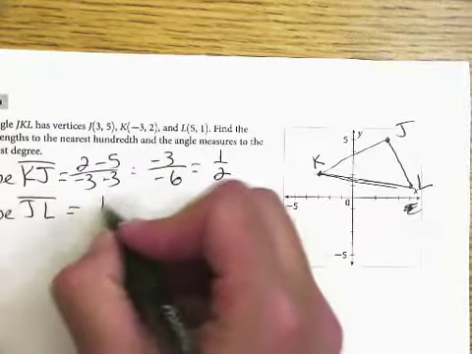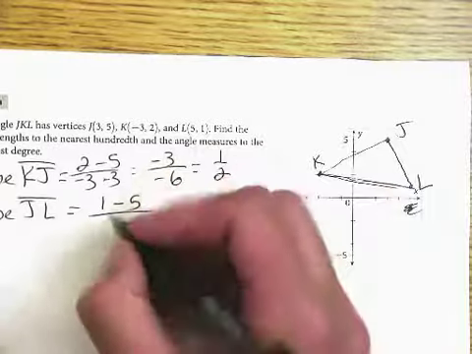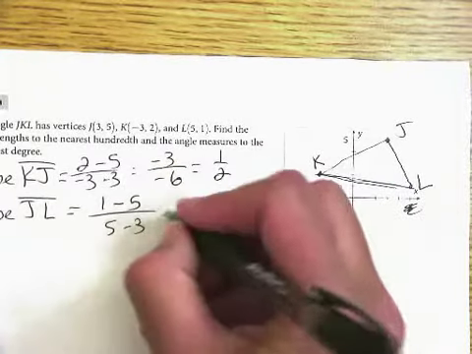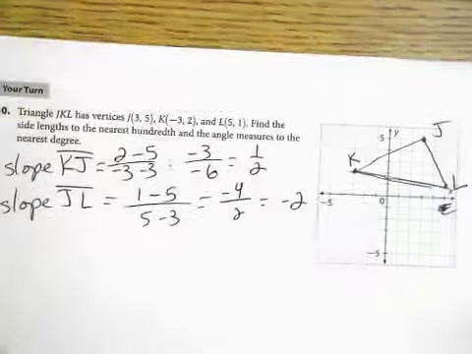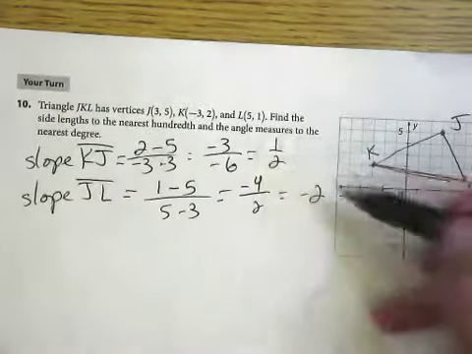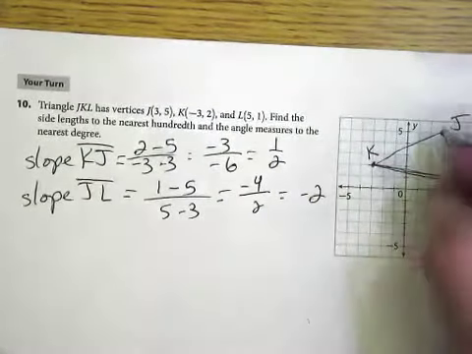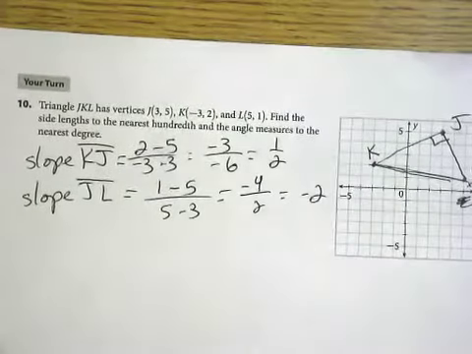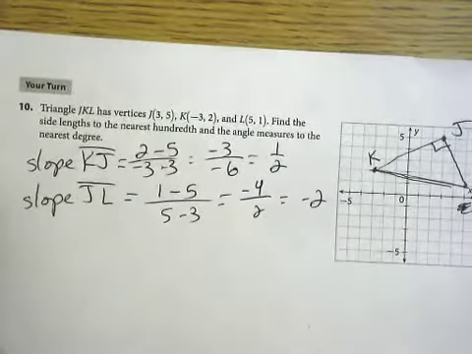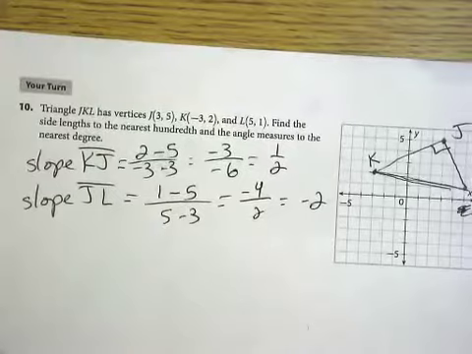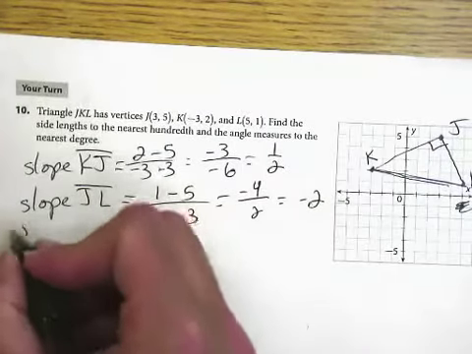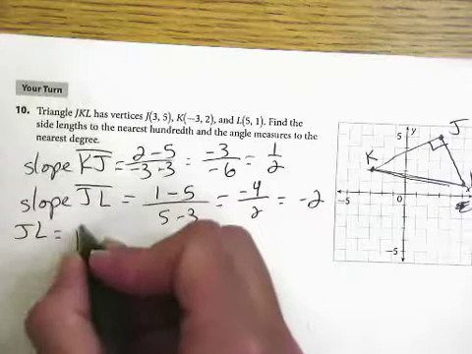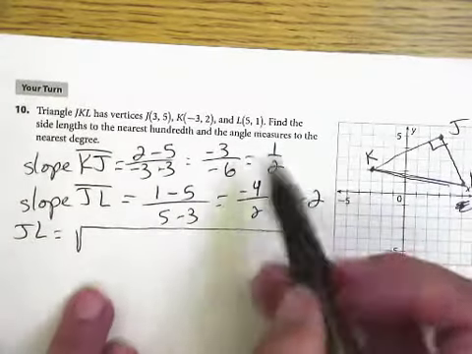I find the slope of JL. That's these 2 points. 1 minus 5 over 5 minus 3. That's negative 4 over 2, which is negative 2. And these are opposite reciprocals, so yes, angle J is my right angle.